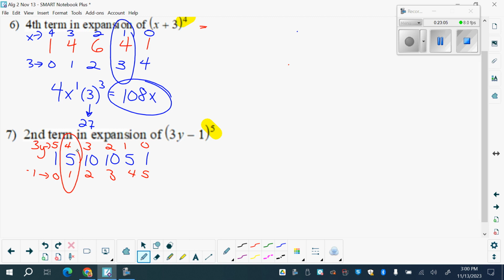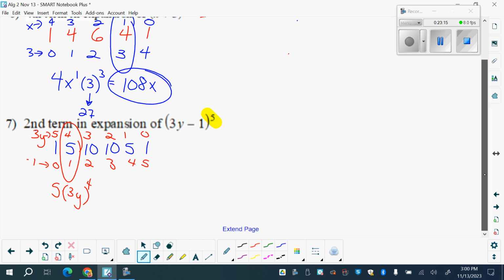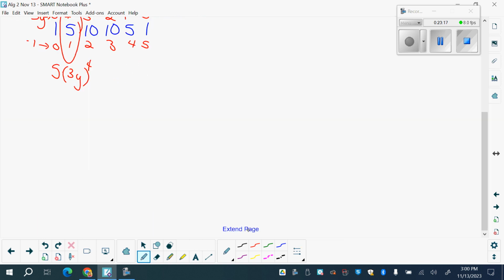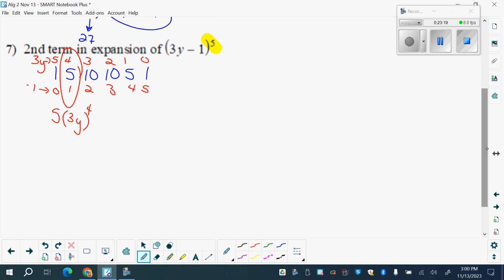So this is the second term in the expansion. Exponent is 5. Exponent on the 3y is 4. I'm going to move this up. And then I'm going to take my negative 1 to the exponent of 1, and then simplify.